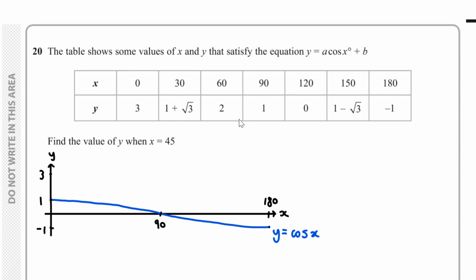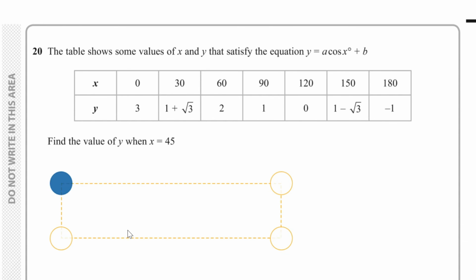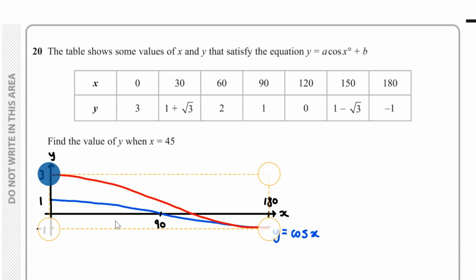And when x is 90, y is 1, so that is over here somewhere. So now if we draw the graph of cos with these values, we have something looking like this. And when x is 120, y is 0. So here we've got 120.